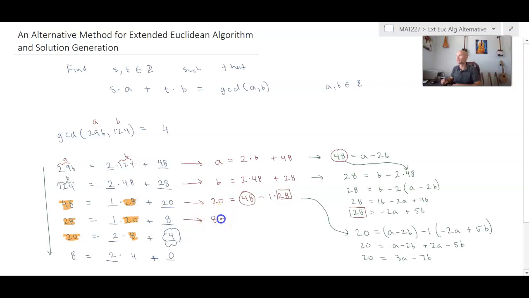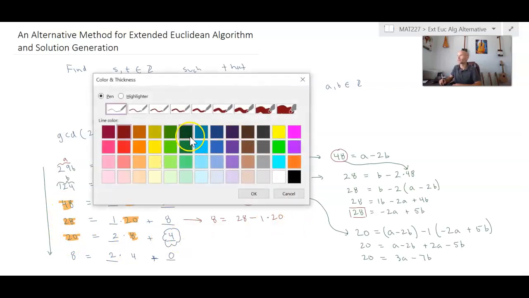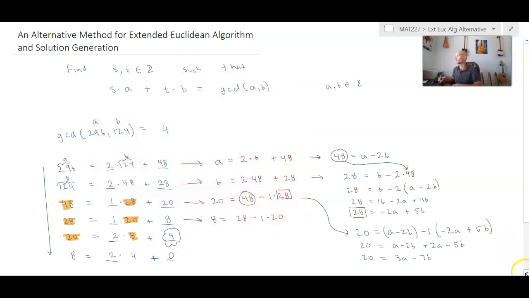8 is equal to 28 minus 1 times 20. And as we said before, we're going to substitute 28, which is equal to negative 2a plus 5b, 20, which is equal to 3a minus 7b. So doing this highlighting here helps us keep track of that neatly.